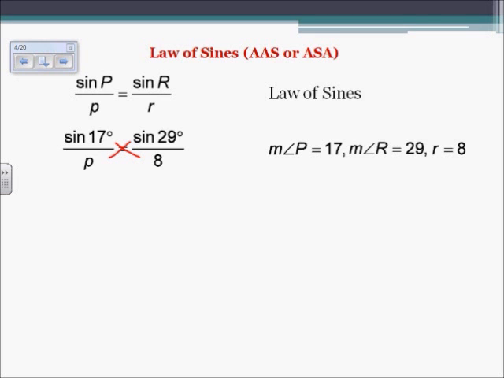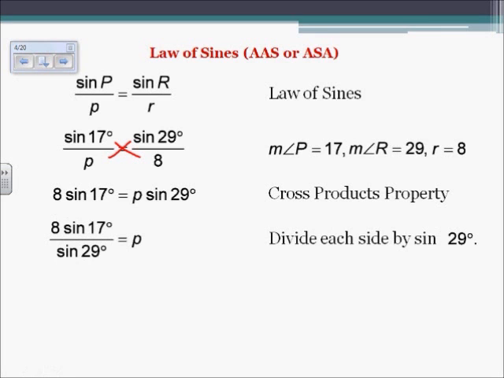We will end up with 8 sine of 17 is equal to p sine of 29, and just like when we had variables next to each other, we want to get one to the other side, so we will divide. We'll divide both sides by the sine of 29, and we'll end up with p is equal to 8 sine of 17 over the sine of 29. Solving for side p, we'll plug this into our calculator and end up with approximately 4.8.